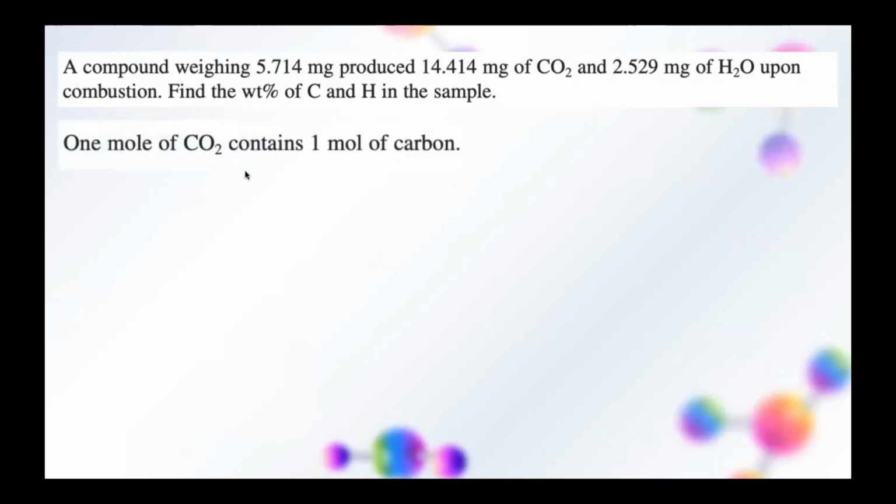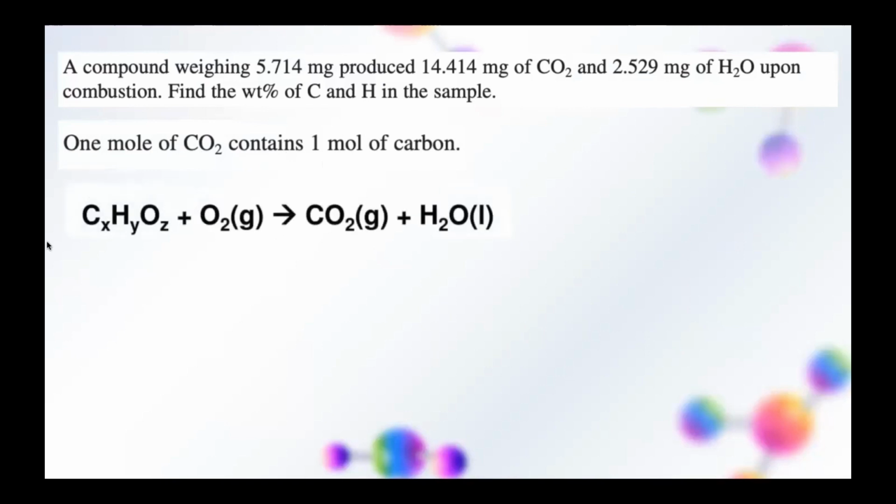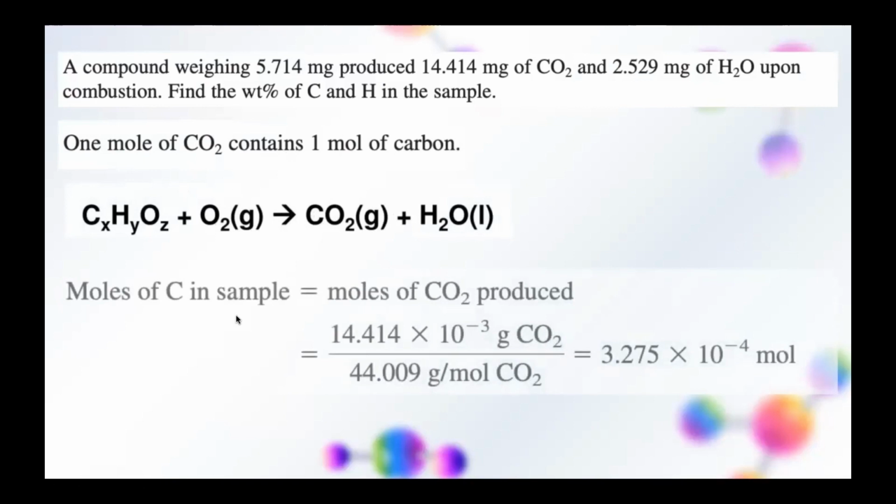So 1 mole of carbon dioxide contains 1 mole of carbon, and this is usually in the balanced chemical equation of combustion analysis. As you can see in carbon dioxide, the ratio for carbon is 1. So first you get the moles of carbon in the sample from carbon dioxide, and remember that carbon dioxide to carbon is a 1-to-1 ratio.